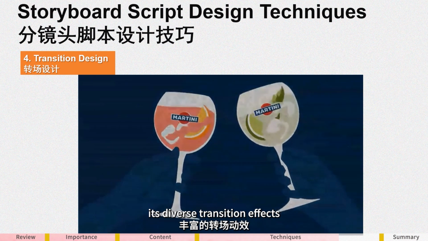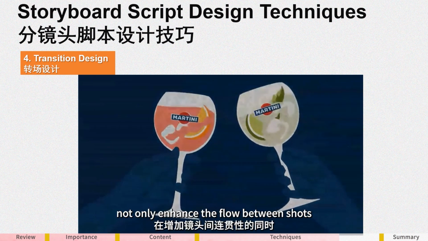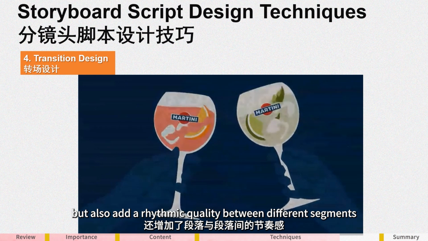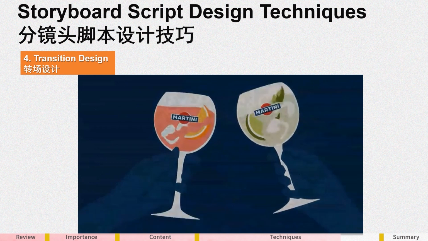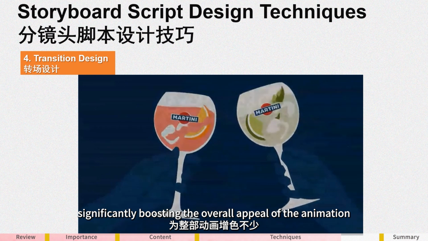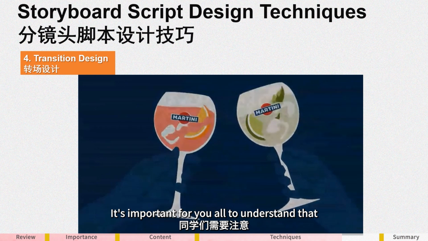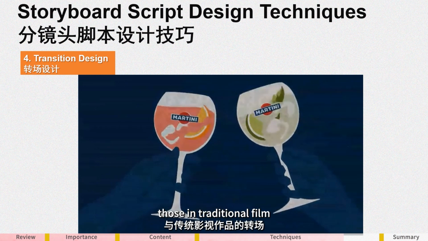Its diverse transition effects not only enhance the flow between shots, but also add a rhythmic quality between different segments, significantly boosting the overall appeal of the animation. It's important for you all to understand that since motion graphics are crafted using software, their transitions thus differ from those in traditional film and television productions.